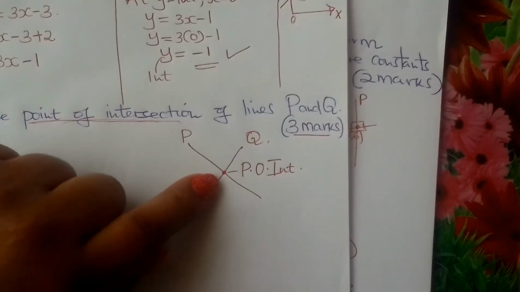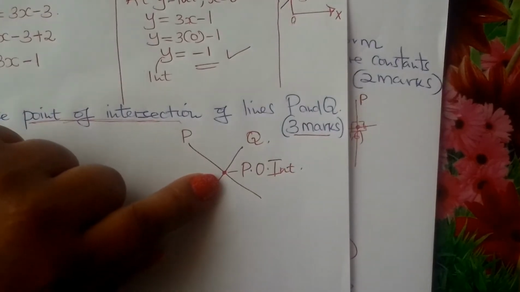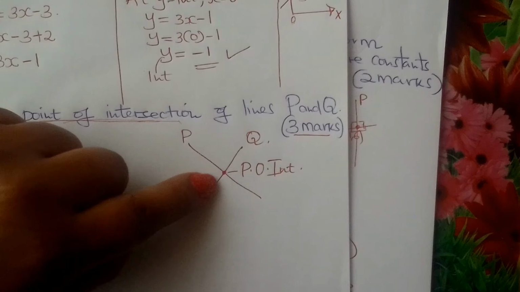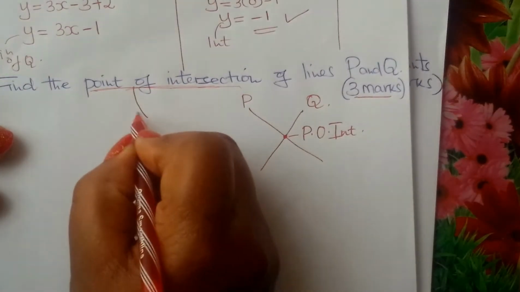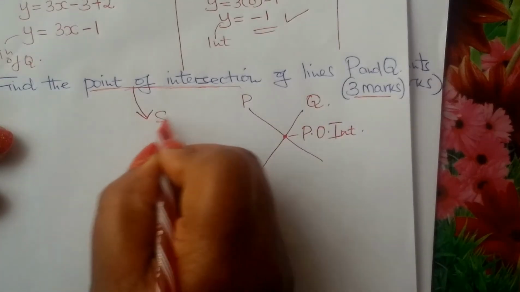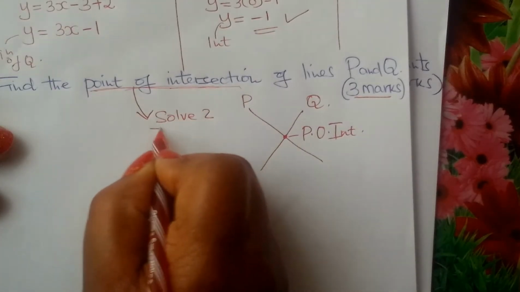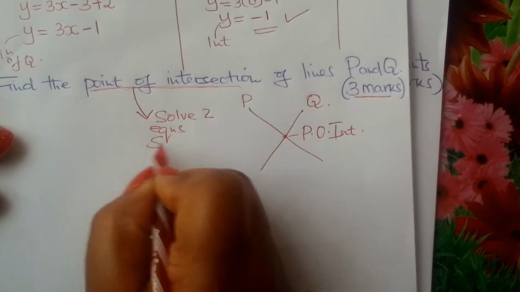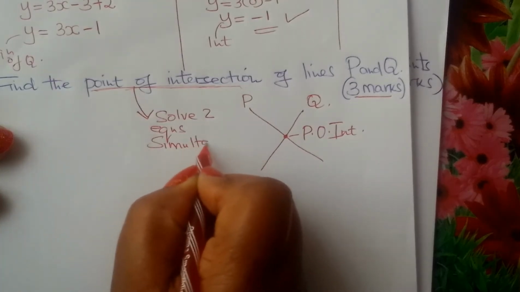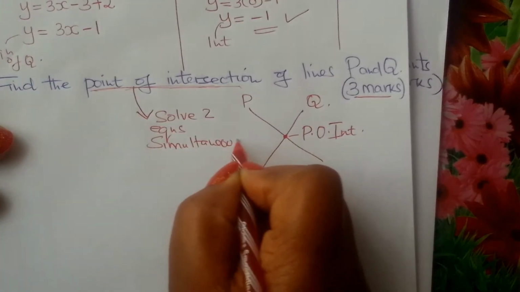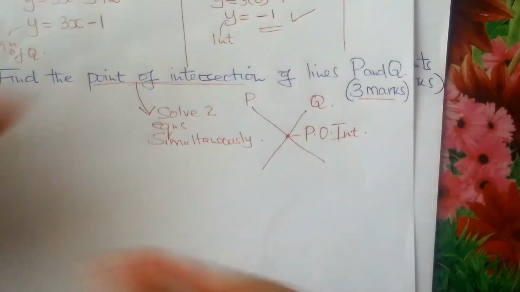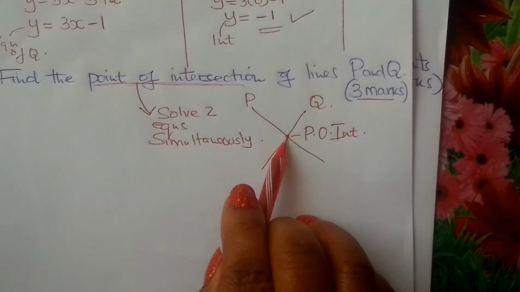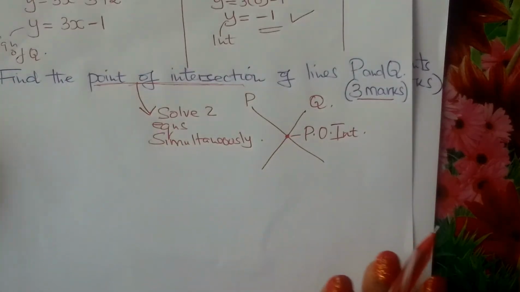So how do you find it, Lana? This is form 1 work. If you are told to find the point of intersection, you solve the two equations simultaneously. If you want to find the point of intersection of any two lines, you solve the two simultaneously.